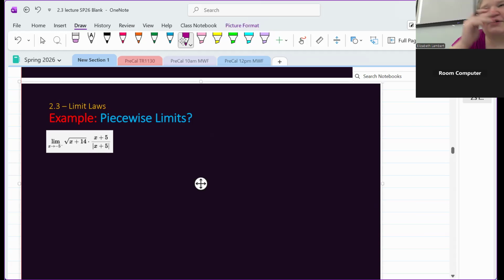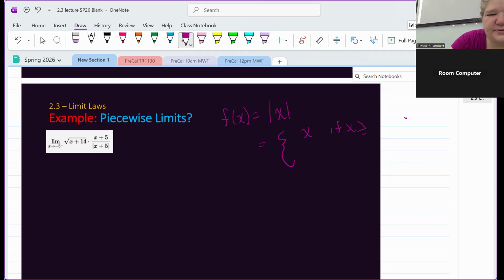So the absolute value function, it turns out, can actually be written as a piecewise function. So when the input is greater than or equal to 0, we get x.